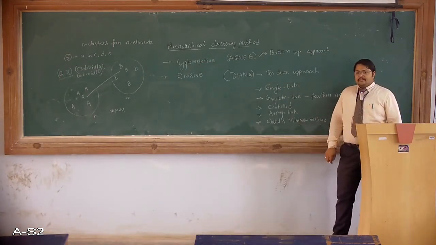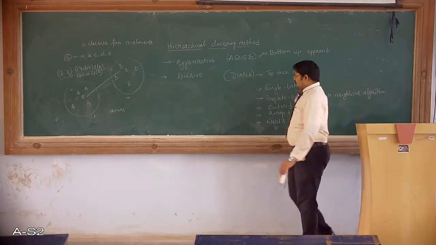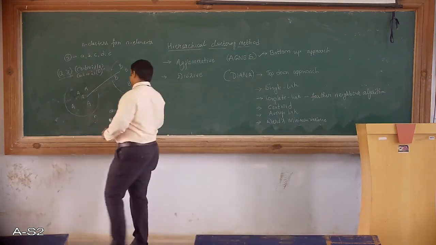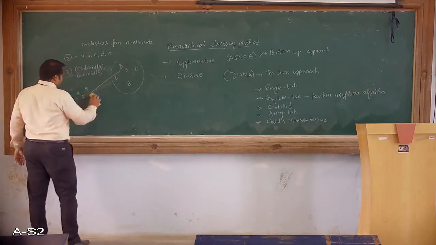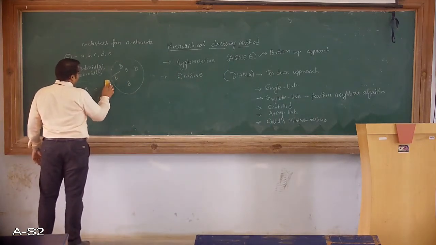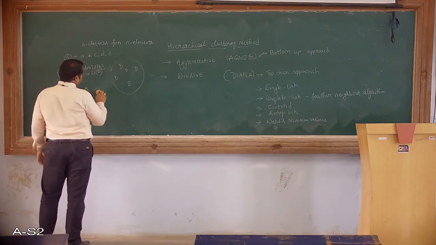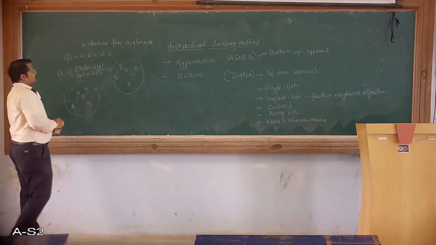Now the next thing is average link. It is going to compute the average of the distances between all the points A comma x.